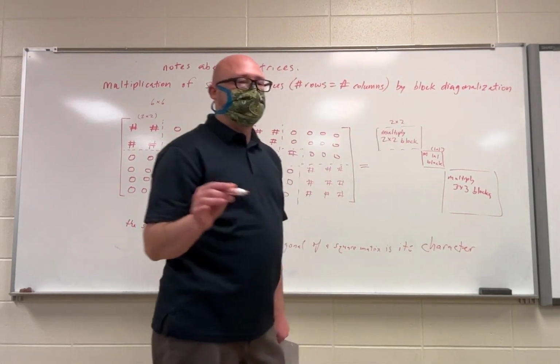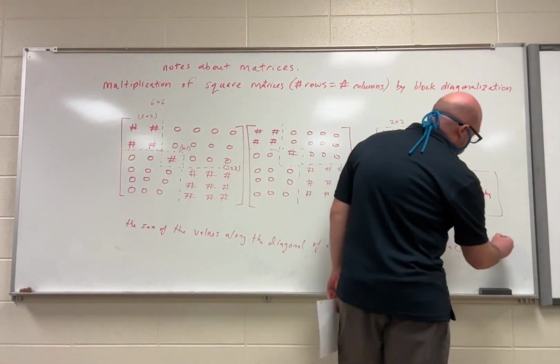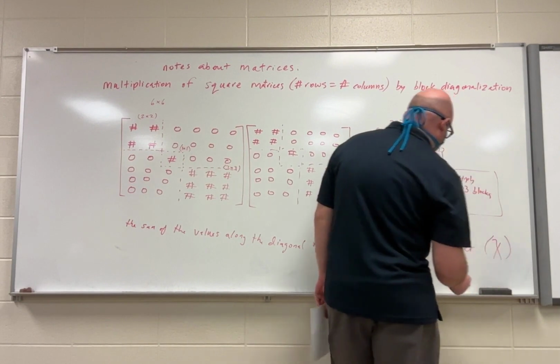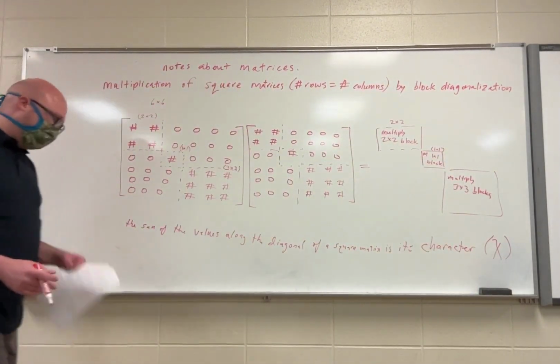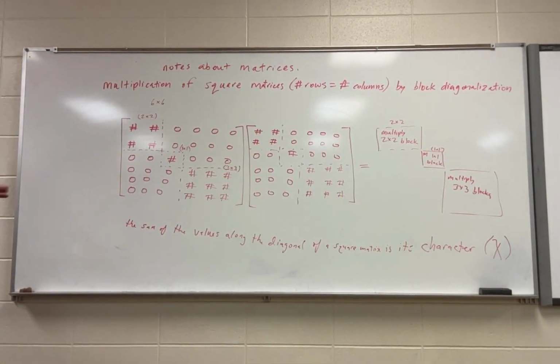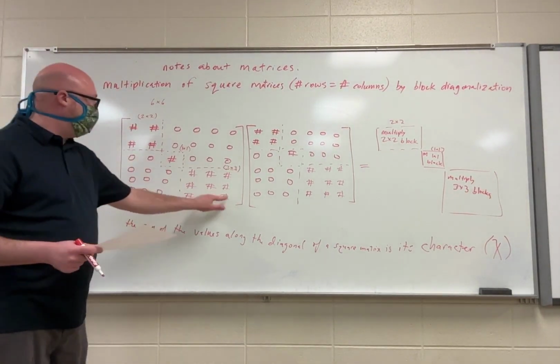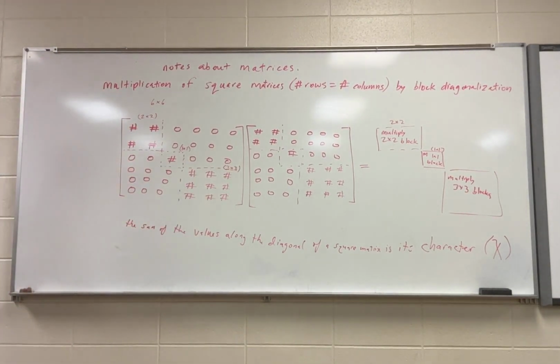A lot of times in the textbook you'll see that abbreviated with a chi for character. And so when you see that symbol, we're just taking the sum of the diagonals. Okay.